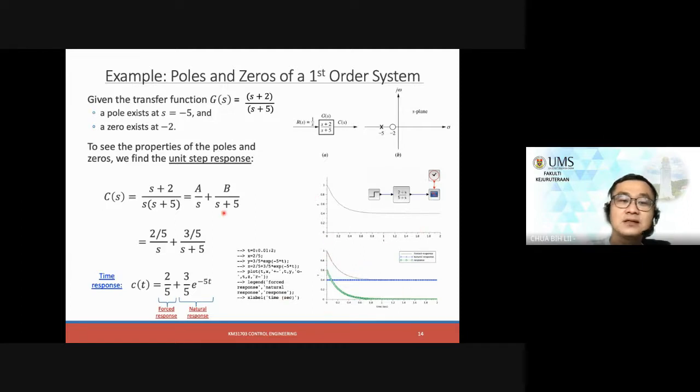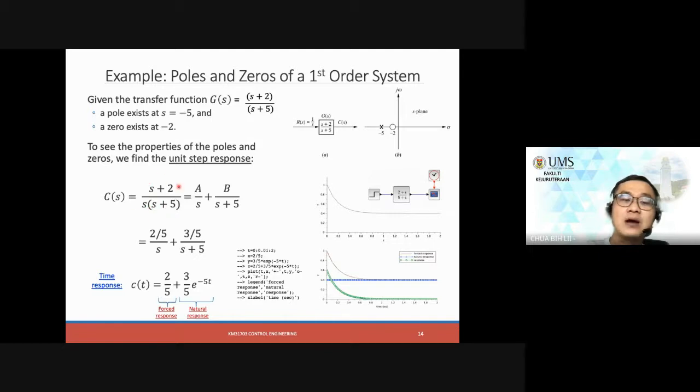Mathematically, what exists is that when we couple this transfer function with a step input of 1 over s, our output will be (s + 2) divided by s multiplied by (s + 5).